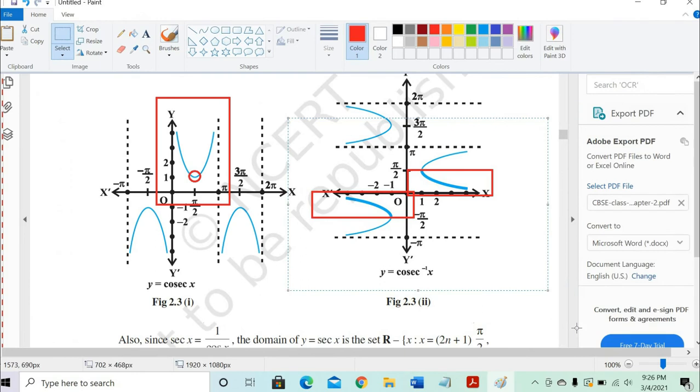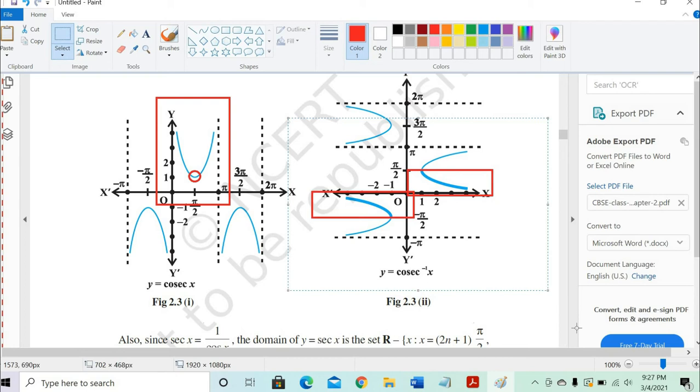Now in this area, if you see, y is between 0 to pi by 2 only. Because when we go from 0 to pi by 2, the curve is coming from positive infinity and then reaching pi by 2. On the x-axis, it comes from infinity and reaches till 1.